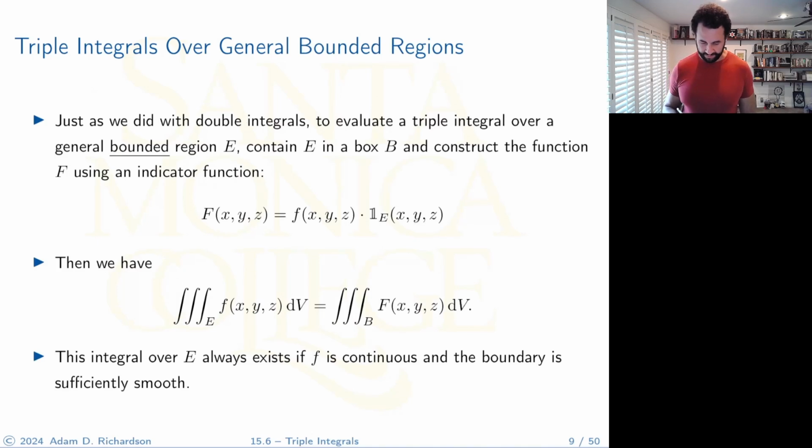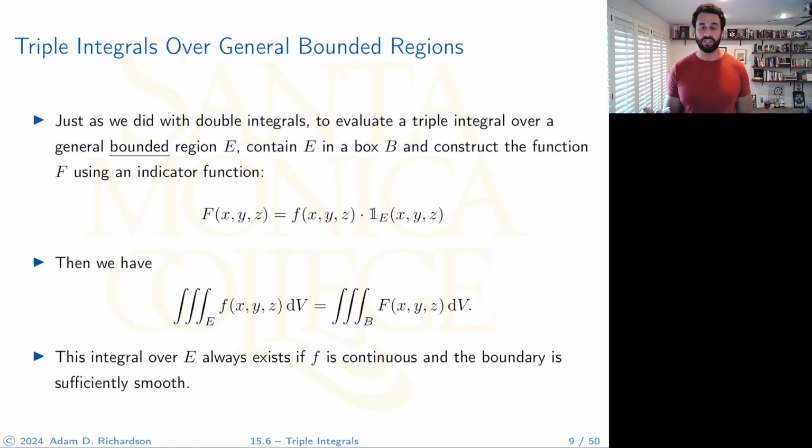All right. So now that we've seen how to do it over rectangles, how do we do it over general regions? Well, the idea is the same as what we saw before. If we have a bounded region E that we want to integrate over, we're going to contain E in a box B. We're going to construct a function capital F using the indicator function.